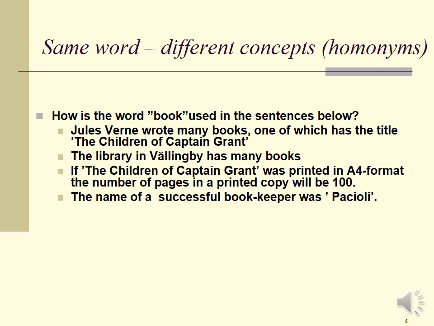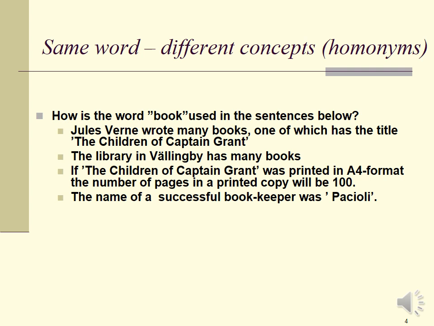Third example is: if The Children of Captain Grant was printed in A4 format, the number of pages in a printed copy will be 100. There is no book here, but somehow it's about books anyway. The name of a successful bookkeeper was Pasquioli.